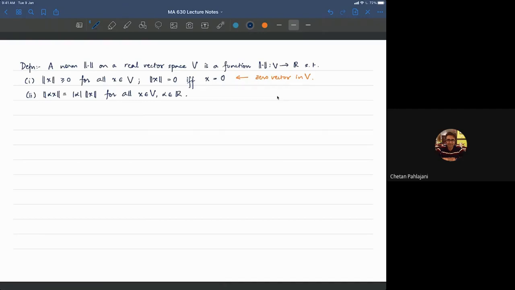Norm of minus 3 times a vector is 3 times norm of the vector. And the third is the triangle inequality. So norm of x plus y is less than or equal to norm of x plus norm of y for all x, y in V. So these are the 3 requirements for the norm.